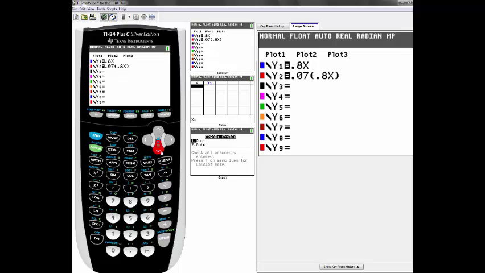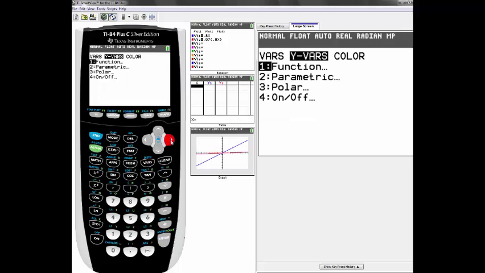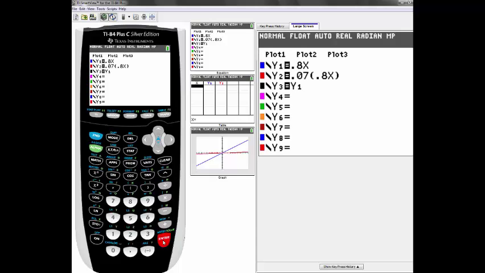And y sub 3, I'm going to have to put in the y sub 1 plus the y sub 2, so I'm going to go to vars, V-A-R-S. I'm going to scroll over to the y vars, and I'm going to press in that 1 for function. I'm going to choose that first option, y sub 1, and now I'm going to put the plus sign to add it to my second function that I have there, my y sub 2.